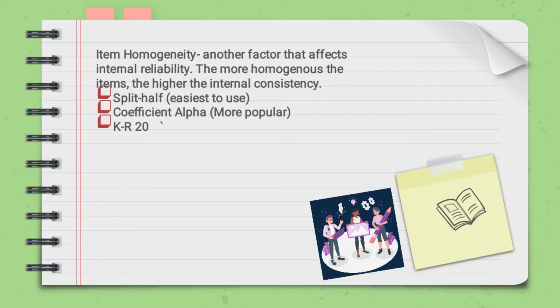So, Cronbach's coefficient alpha naman and the KR20 are more popular and accurate methods of determining internal reliability, although mas mahirap siya, mas complicated siya, no, and are calculated by computer program rather than by hand, no. The difference between the two is that yung KR20 is used for tests containing dichotomous items.